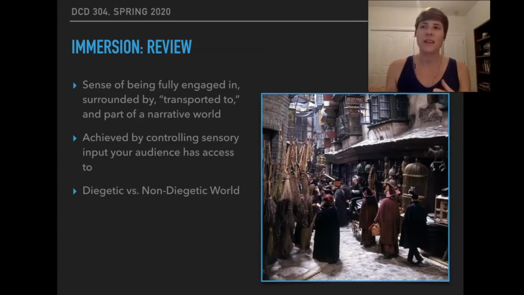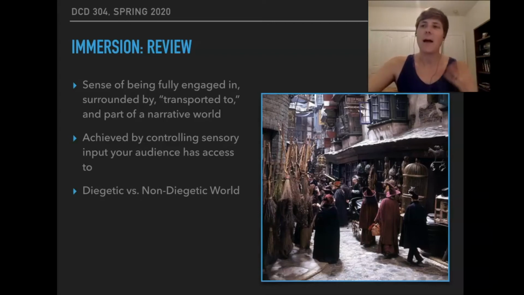There are rules that exist in that diegesis and in that narrative world that don't exist in our world. And those rules might be as simple as this character actually exists, or they could be as complex as an entire secret wizarding world as in Harry Potter, right?